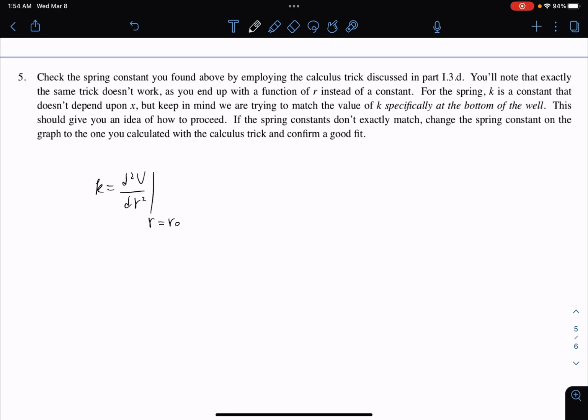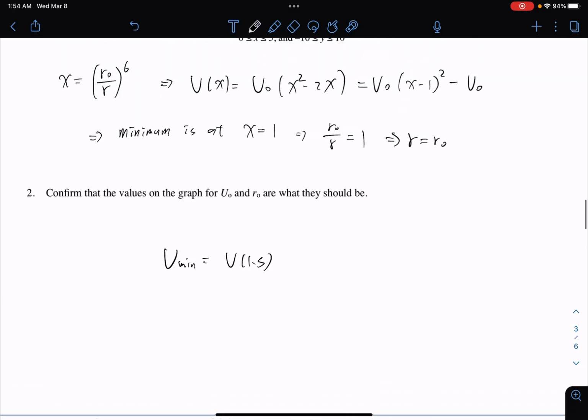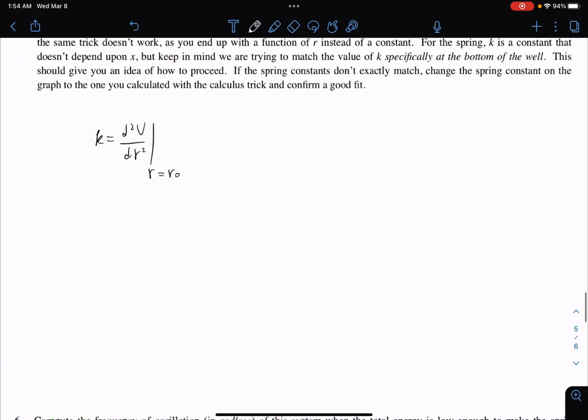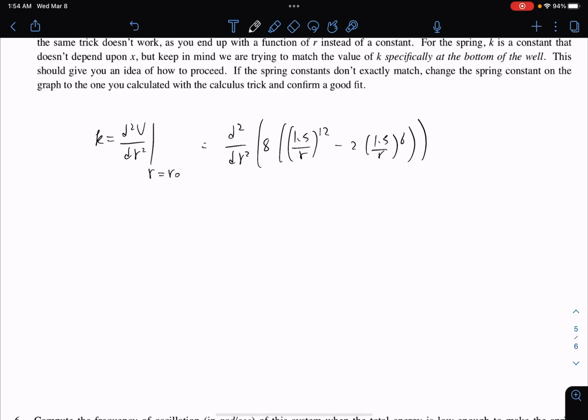So let's do that. The potential energy we have is this thing, so it is the second derivative of 8 times (1.5/r)^12 minus 2 (1.5/r)^6, at r equals 1.5.